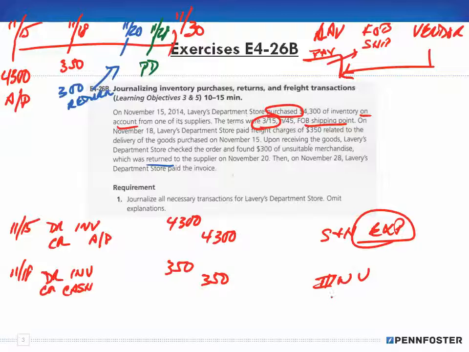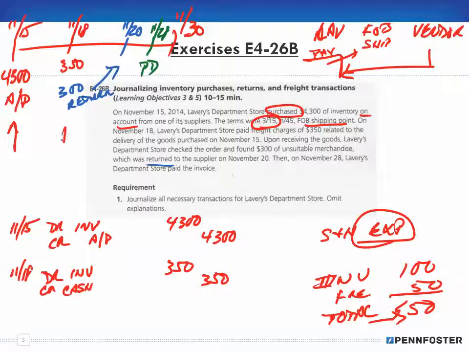When you have inventory and you have freight, so let's just say inventory is $100 and freight $50. That's the total cost of the inventory, right? Of $150. So even though he's paying $4,300 on the 15th, he has an additional $350 on the 18th. So the total inventory cost in this case is 4,300 plus 350 gives me $4,650.